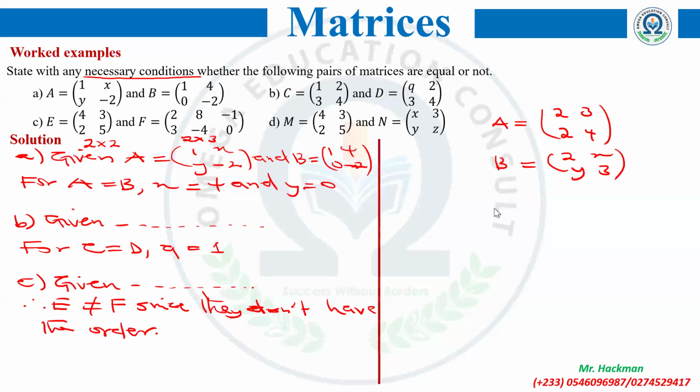Prof. Gideon. For A and B to be equal, X must be equal to 2 and Y must be equal to 4. That's your answer. Any other?